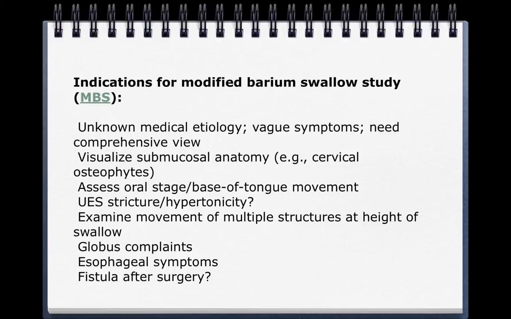So, again, those last three on your chart there aren't going to be probably the things that trigger an MBS request by you, but they may very well be the basis of an MBS request by a physician.